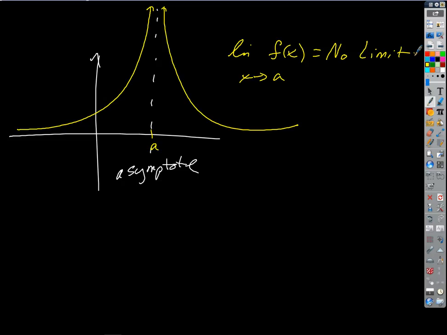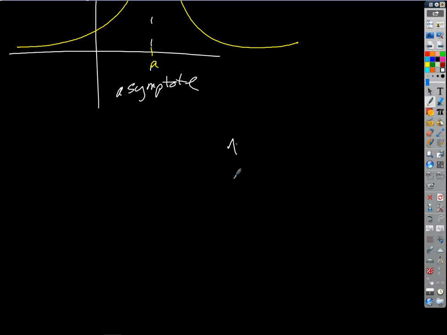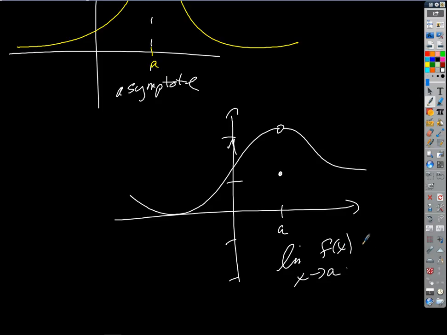Okay? And then, I'll give you one more. So let's say the coordinates of that point are A1, and the coordinates of that point are A2 of that hole.